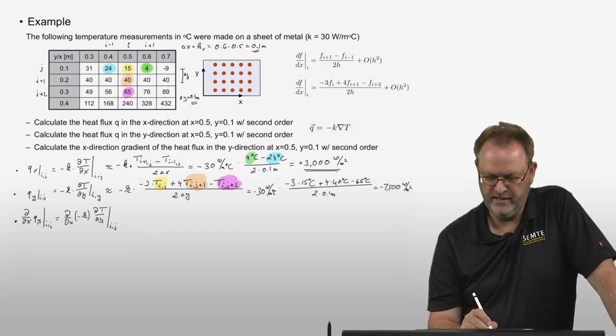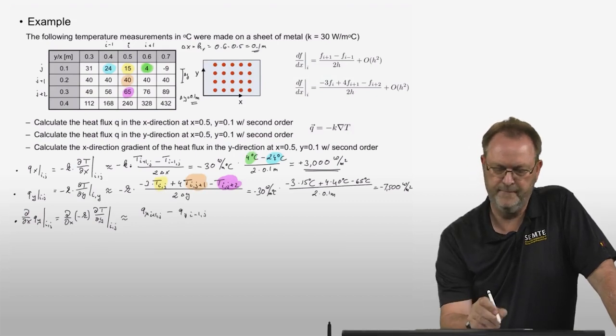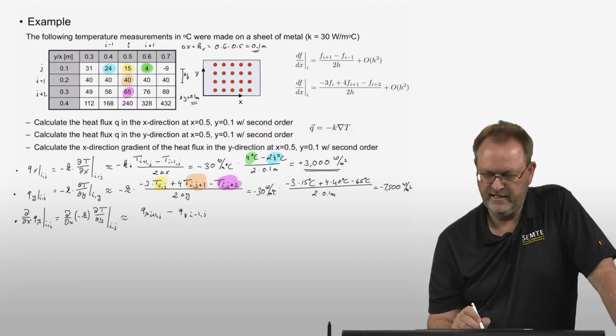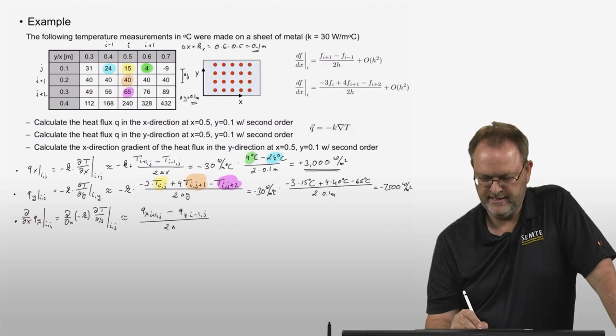So this would be approximated as qy at i plus 1 comma j minus qy at i minus 1 comma j, and I'm going to divide this by 2 times delta x.